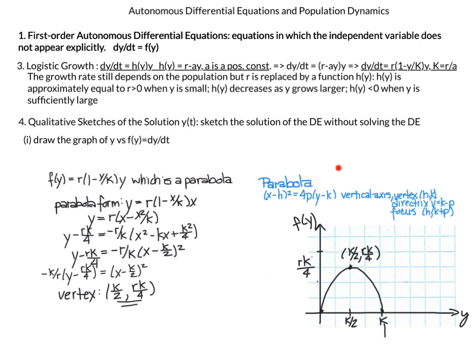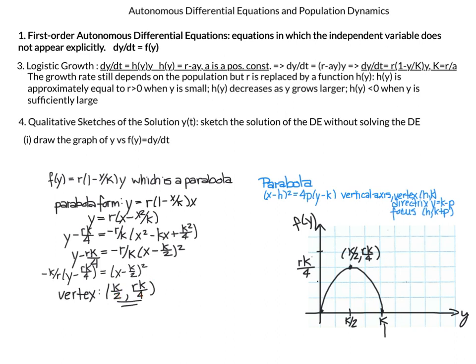So I have the equation of the parabola. I put this equation into a parabola form, but just because I'm so used to looking at parabolas in terms of y's and x's, I called my f of y, y, and my y, x. So I could look at it and I solved, and I see the vertex is (k over 2, rk over 4).